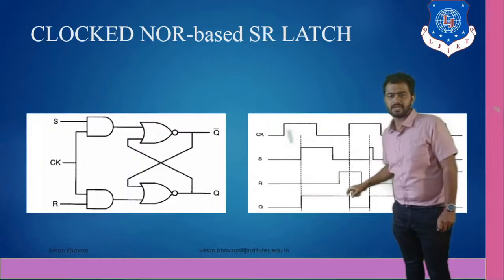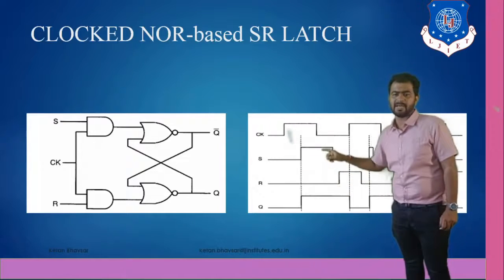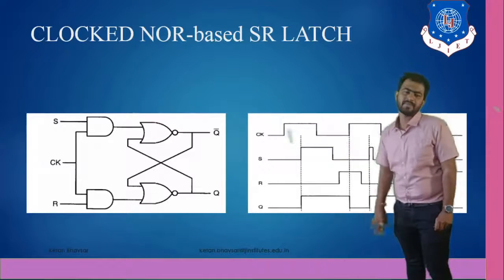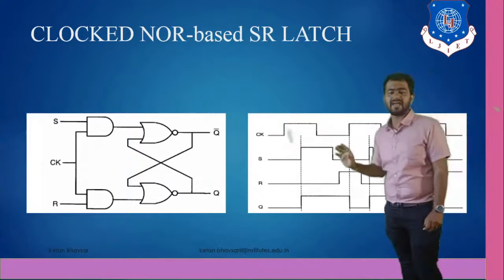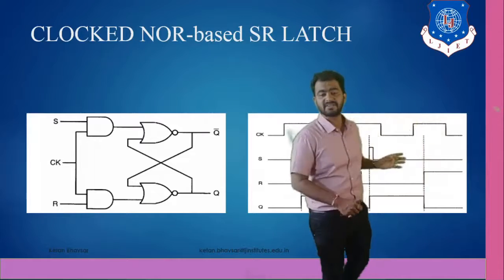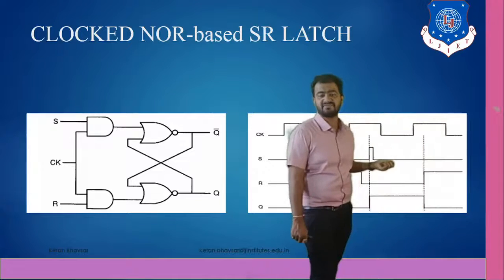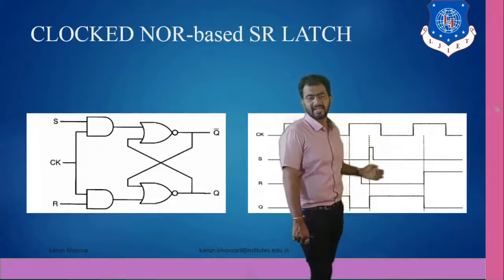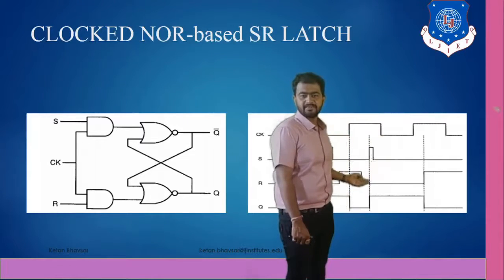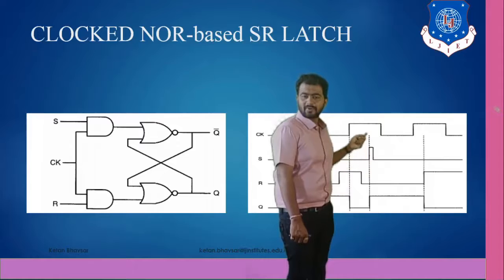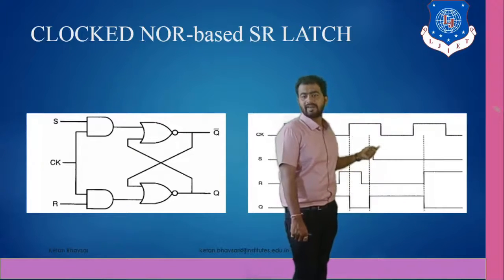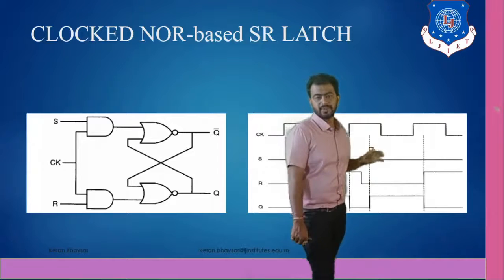From here to here, your Q is equal to 1 because your S is equal to 1, and at the same time your clock pulse is high. So this one is a waveform diagram, or you can say the waveform representation of a specific SR latch using NOR gate with a clock pulse. Similarly, here the S is equal to 1, the clock pulse is still high, so Q goes high until the next pulse goes high.